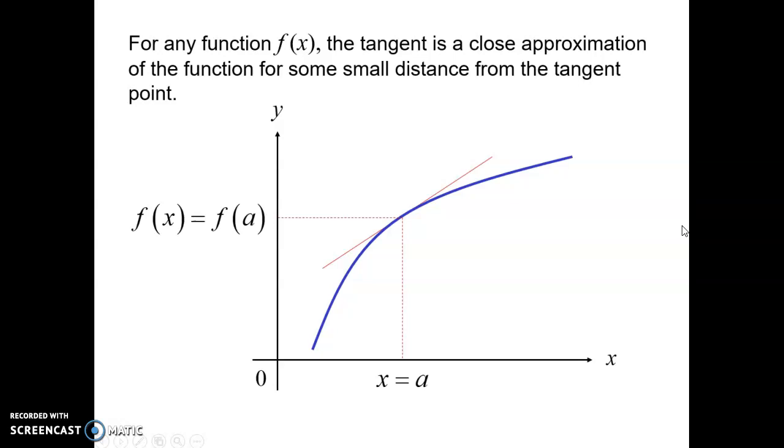So in the days before calculators and computers, they used this process called linearization, or in other words, using the tangent line to the curve to estimate the actual output of the curve near the point of tangency, so that you wouldn't have to put your value over and over again into the curve at a given point.